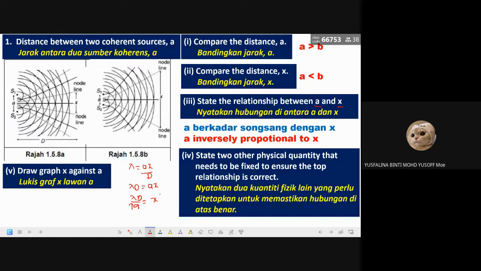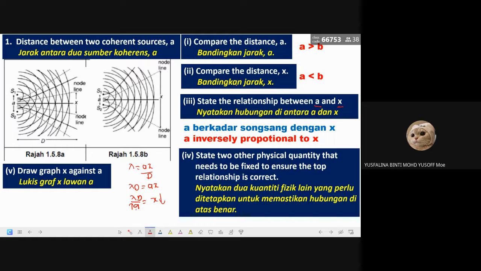The x will become lower, or shorter. So this shows it is inversely proportional. Or you can say that the higher the a, the lower the x. That also can, but you cannot use it when they ask you to describe the graph.